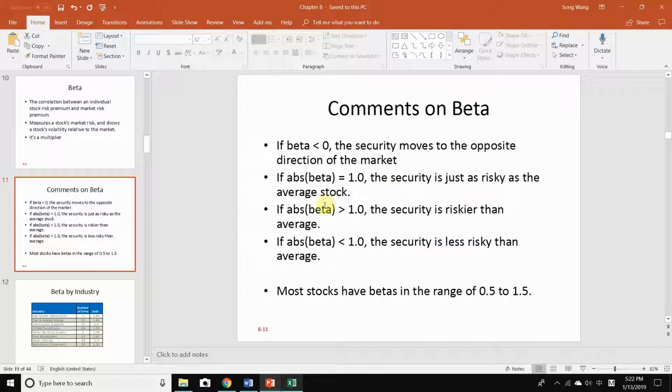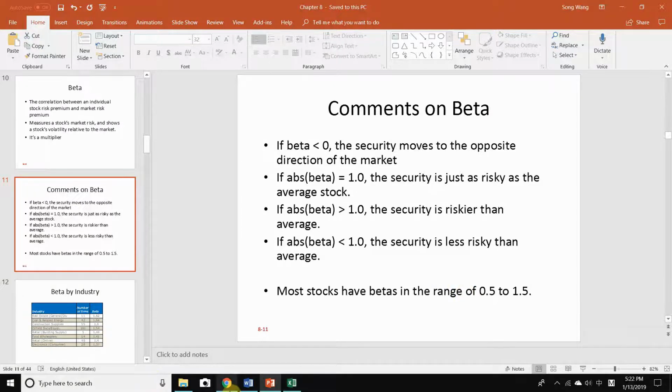If beta is greater than 1, then the security is riskier than average or the market. If beta is less than 1, the security is less risky than the average or the market. Most stocks have a beta in the range of 0.5 to 1.5.